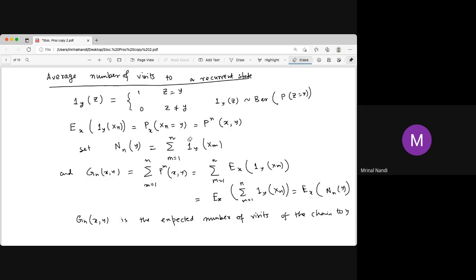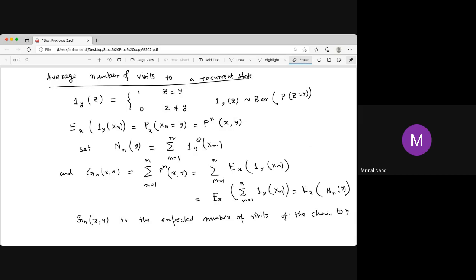Say n equals 10. Then this is the sum of 1_y(X_1) plus 1_y(X_2) and so on. What is 1_y(X_1)? That means at step 1, X_1 equals y, so at the first step it visits y. At the second step, it visits y. If the sum is 3, that means for 3 values of m this is 1 and for the remaining 7 values of m it is 0.